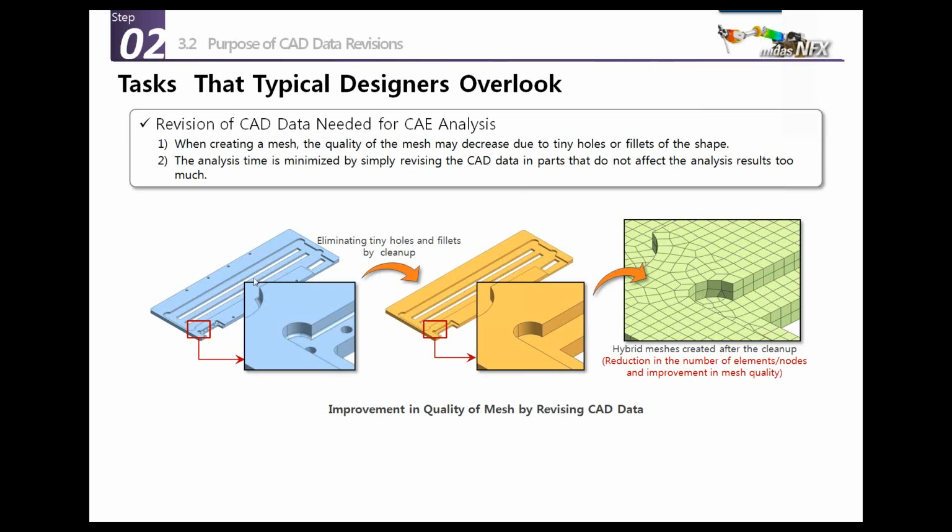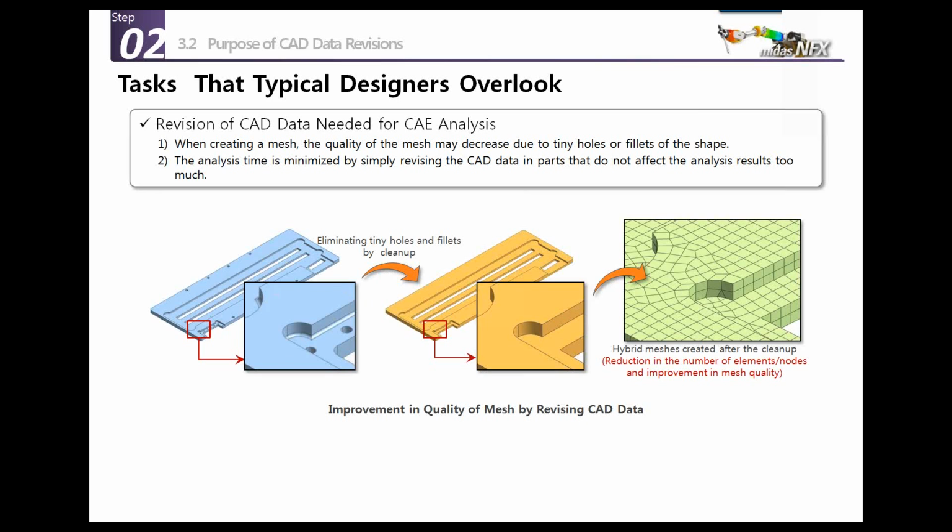So first of all, the task that designer overlook, it's the simplification of the CAD model. So it happens a lot that in your CAD model, you have a lot of small fillets and small holes that actually are not required for the simulation.